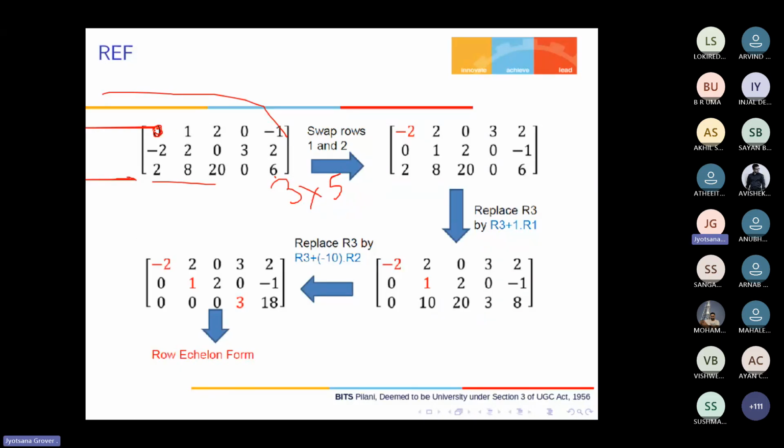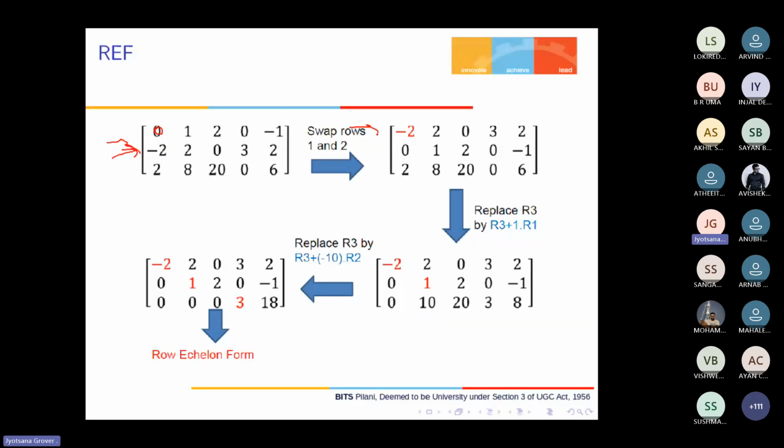But the first row, first entry should not be 0, because it violates the property. Whenever you see a first 0, try to swap it with a row which has a non-zero first entry. So if you swap with this, you interchange two rows.